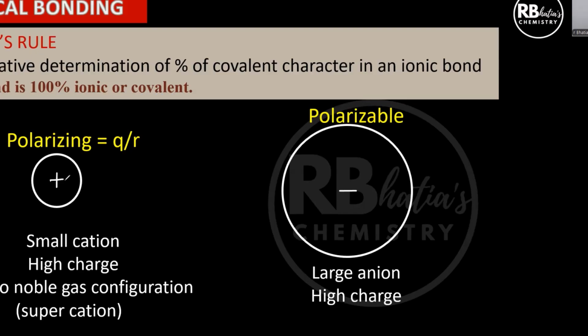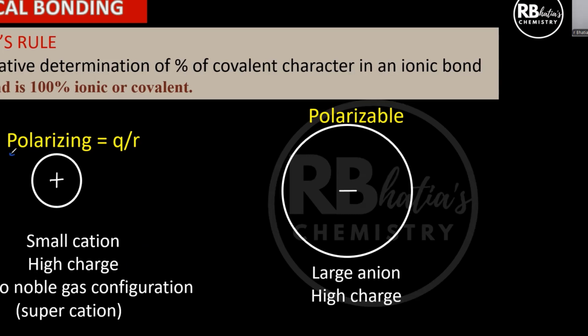Now, understand a polarizing cation is a small cation, a cation with high charge, or a cation with pseudo-noble gas configuration, which is also called a supercation. Normal cations have noble gas configuration, but if a cation has pseudo-noble gas configuration, it is also called a supercation. It becomes more polarizing.